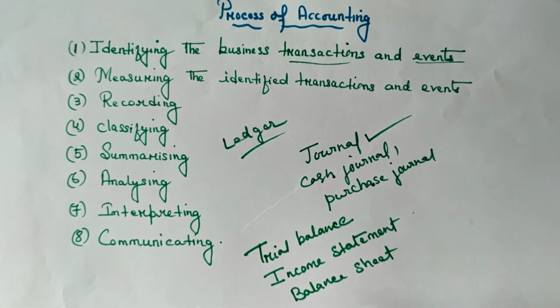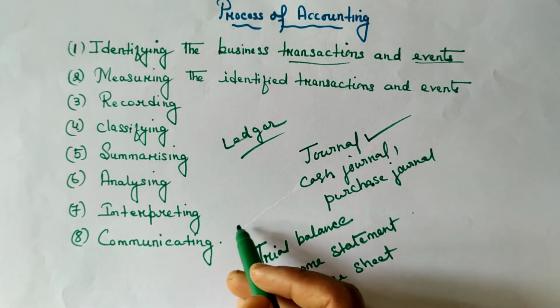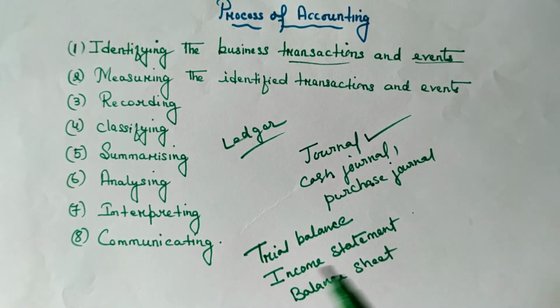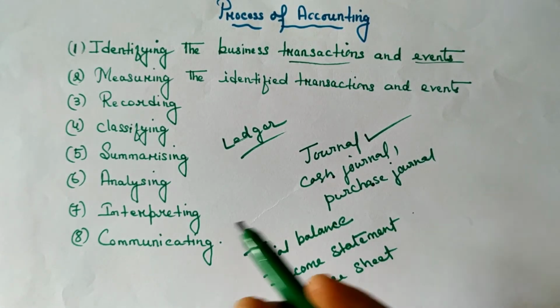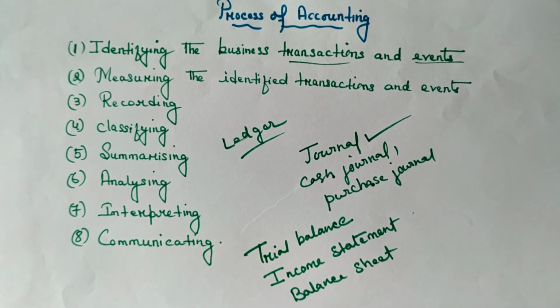Just to identify the financial strengths and weaknesses of the enterprise. The next step in the process is interpreting. Well, interpreting is concerned with explaining the meaning and significance of the relationship so established by the analysis.